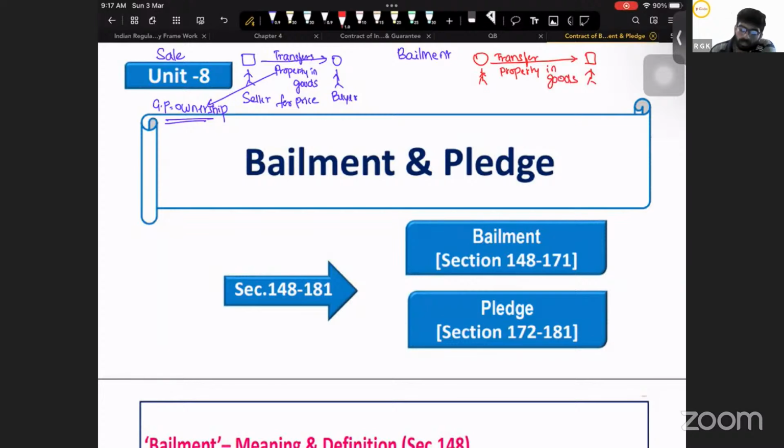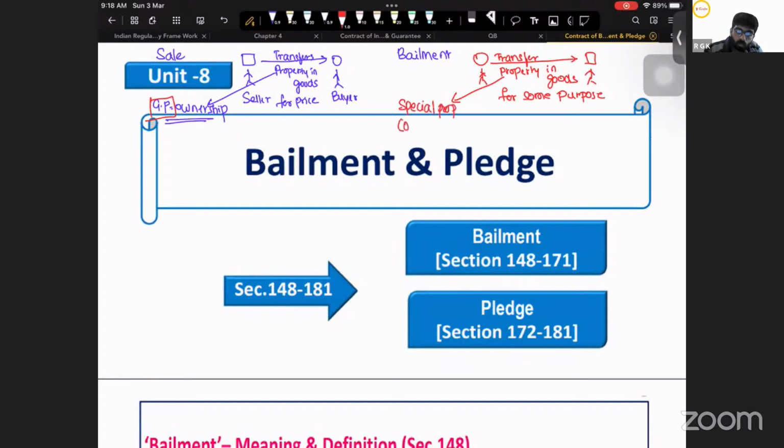One party is transferring the property in the goods for some purpose, where the property in the goods is transferred to other persons for some purpose. Now, the principal difference between sale and bailment is this word property. When it comes to sale, we say general property, that is the ownership of the goods. When it comes to bailment, we are saying it about only special property.